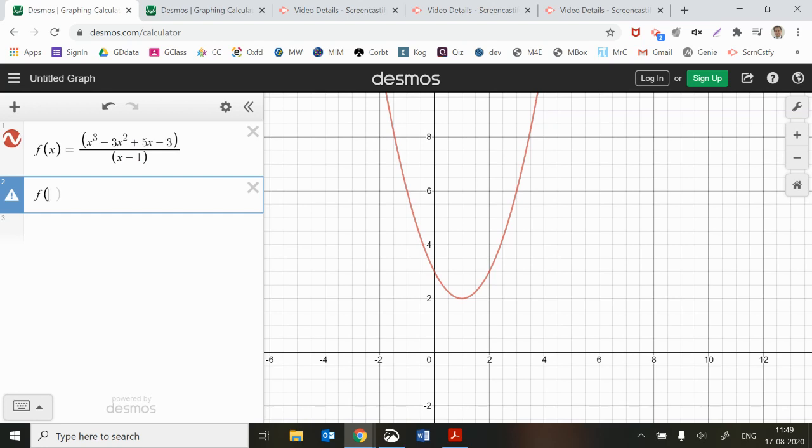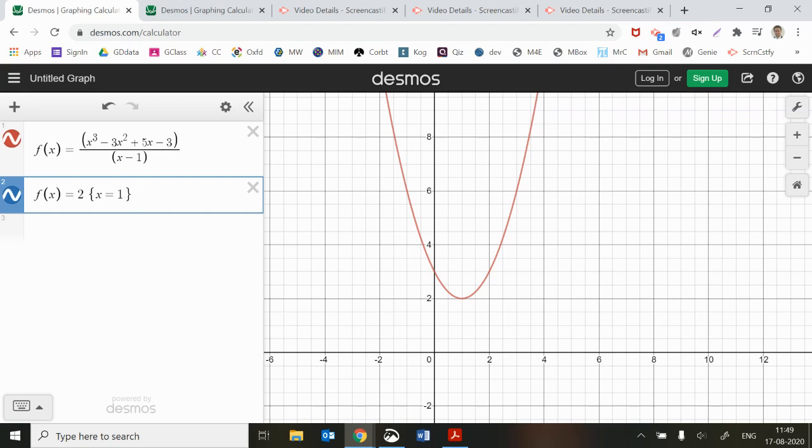f of x equals 2, and then we put in for x equals 1. Now, Desmos doesn't like that, but we're just defining that particular function. Okay, now Desmos doesn't like writing in one particular point, but that's essentially what we're doing in this case.